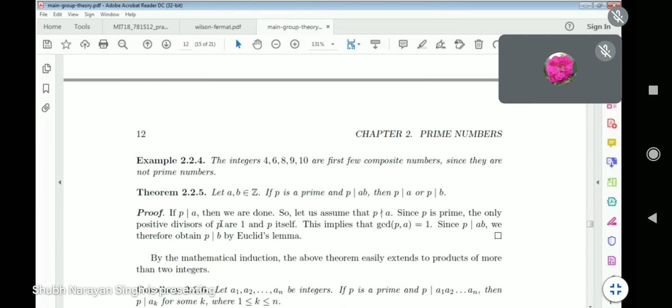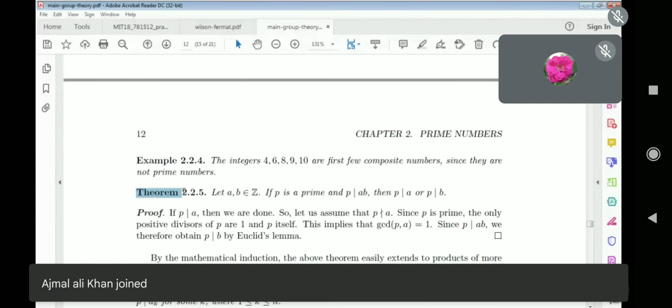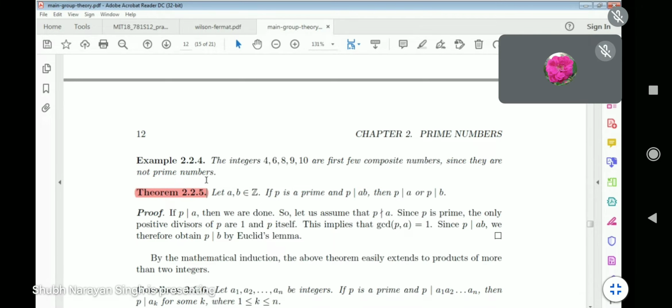Now come to this mathematical statement. I quote it as Theorem 2.2.5. This mathematical statement says that suppose we have two integers a and b and a prime p, such that this prime p divides the product of a and b.